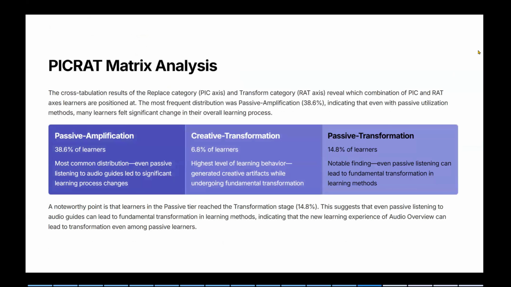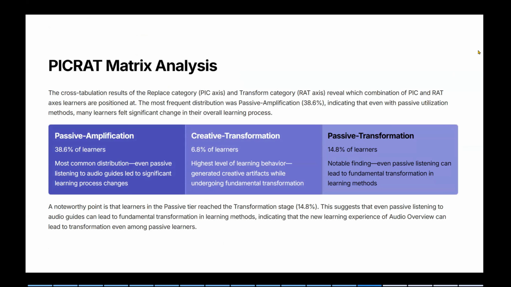We looked at the PIC and LAT combined. The most common pattern was passive amplification. 30.6% of the students were in this group. This means even passive listening improved their learning.